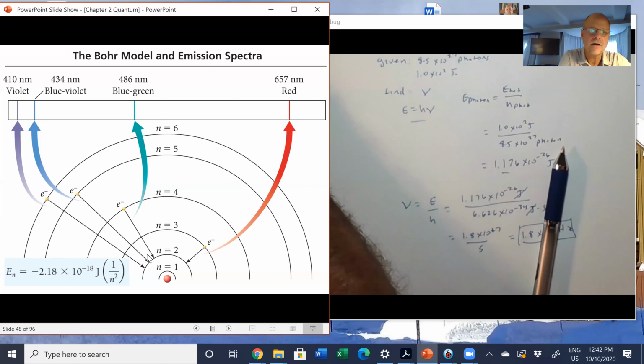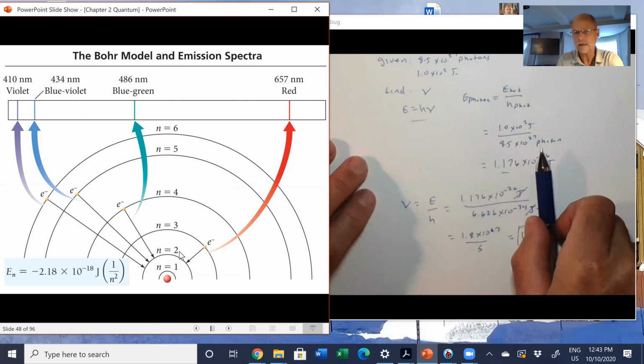That also meant that they could only have certain radii. So an electron, let's say in the hydrogen atom, could be found here, or here, or here, in these orbits that went around the nucleus. But they would never be found in between, at a radius between this radius and that radius.